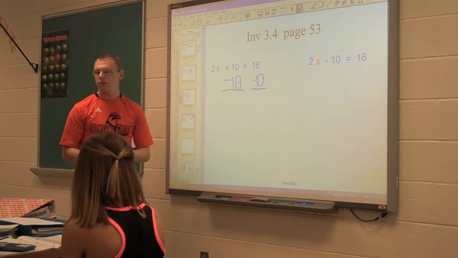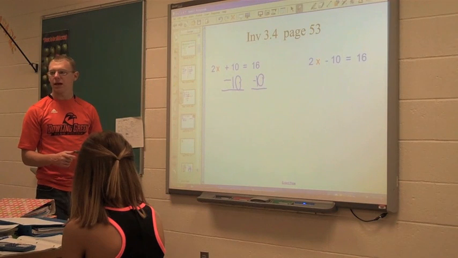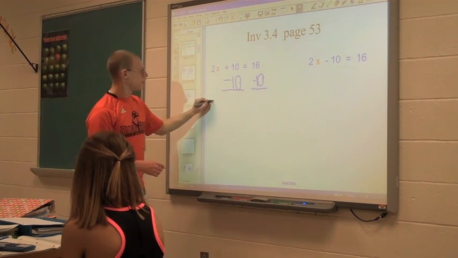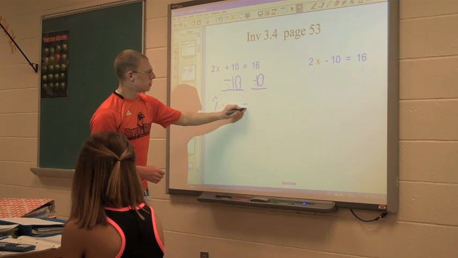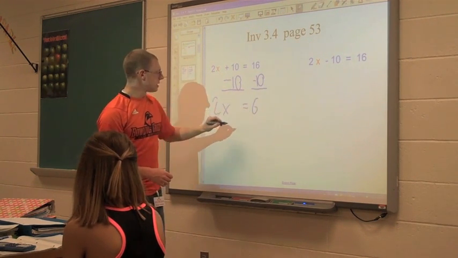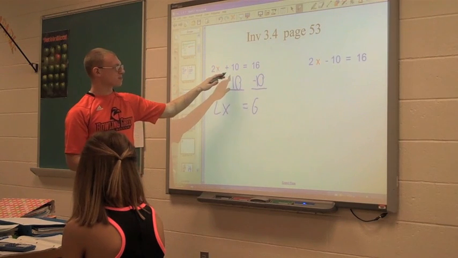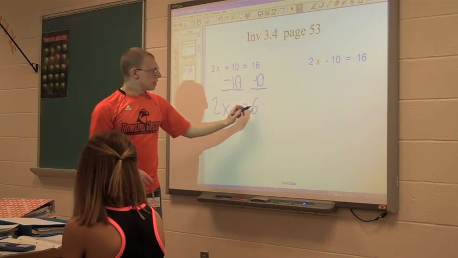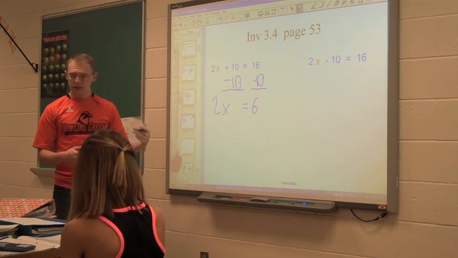Now what do we get once we subtract 10 from each side? 2x equals 6. Good. Because 2x plus 10 minus 10 gets rid of the 10, and 16 minus 10 is 6.